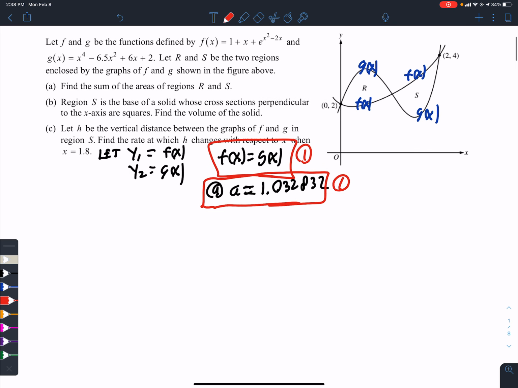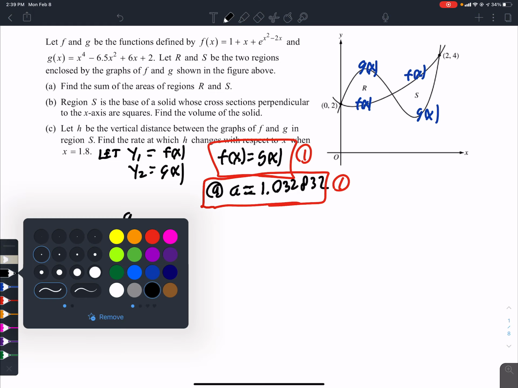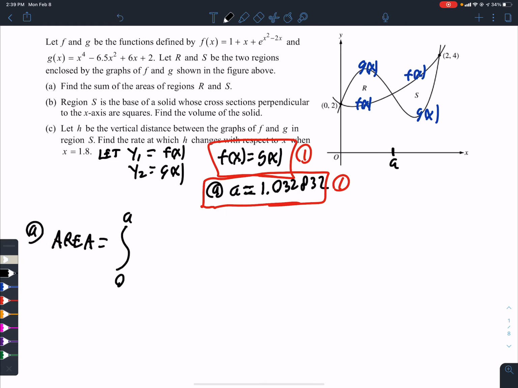So now, here we go. Part A, the area of R and S. The area of R, you're going to add up all the rectangles starting at 0 and ending at A. So this intersection point is A. And this is 2. So I'm going to add the rectangles from 0 to A, all these rectangles.